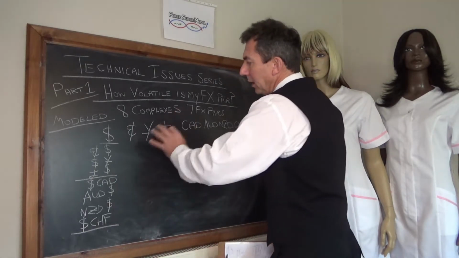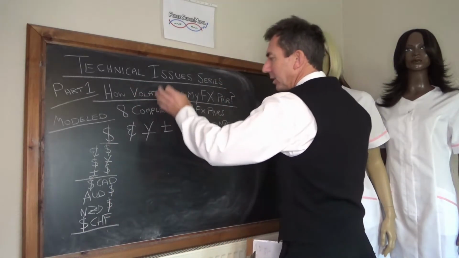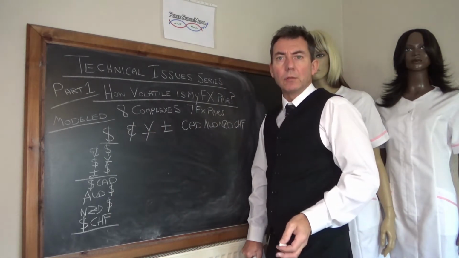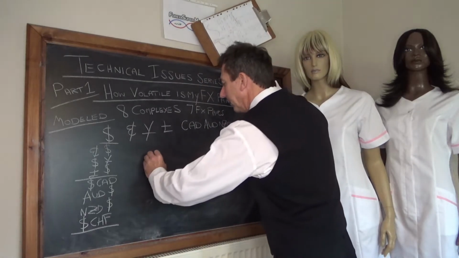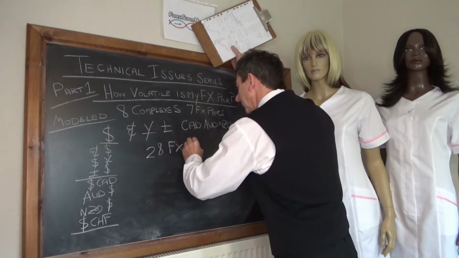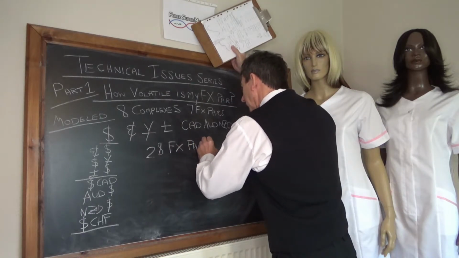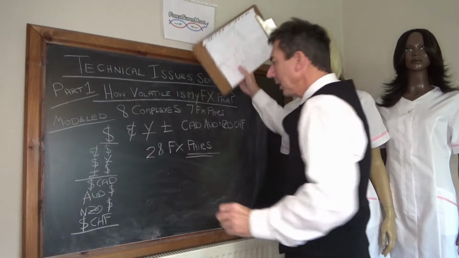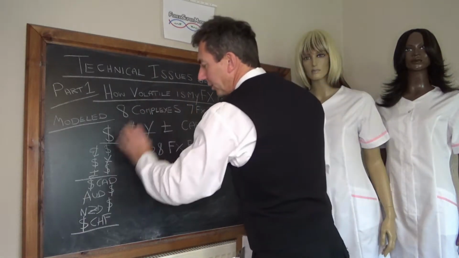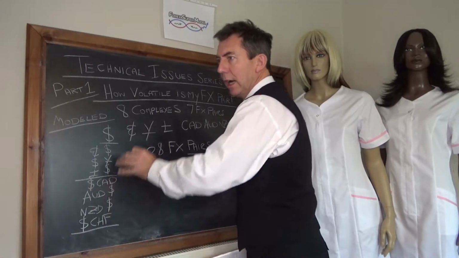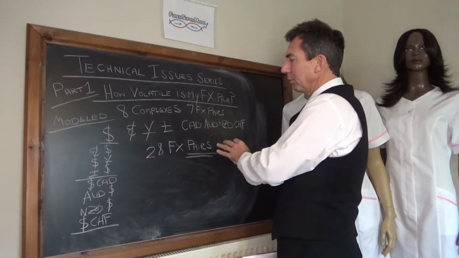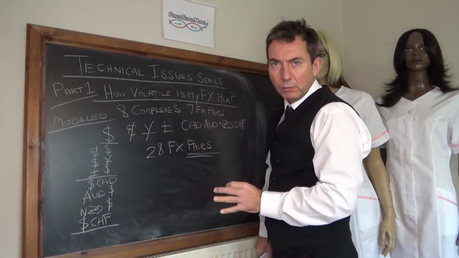Then these 7 pairs in the 8 complexes will distill down to 28 FX pairs. So we've got 8 complexes comprising 7 FX pairs each, and overall this will distill down to 28 FX pairs, and then you've got the lot, as it were.